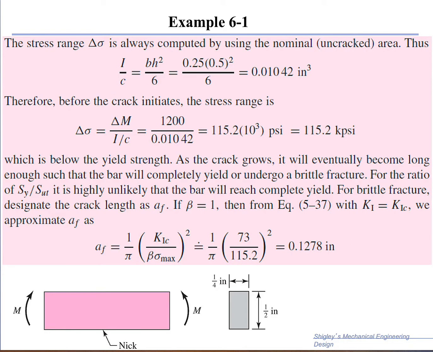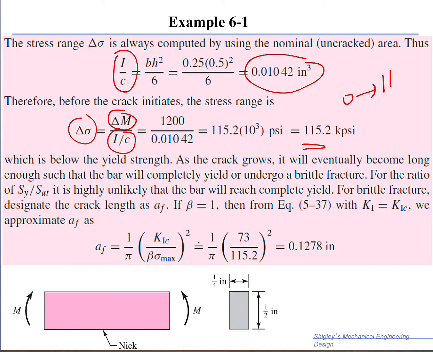First we have to find the section modulus, which is I over c, and delta M over Z will give me the delta sigma. This is the oscillation in the stress, so the stress goes from 0 up to 115.2 ksi. That is the delta sigma, and with each cycle the crack will grow, so I need to find beta.